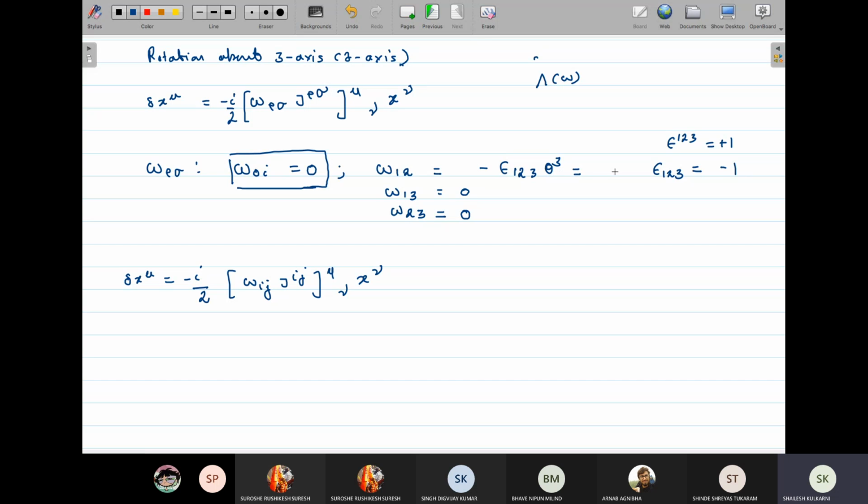So this will be theta 3. The interpretation of this is that it is just the angle through which we are rotating about the z axis. So omega 1 2 is theta 3, and the others are 0. So I can use it here. If I use that, what I'm going to get is the following: minus i by 2.